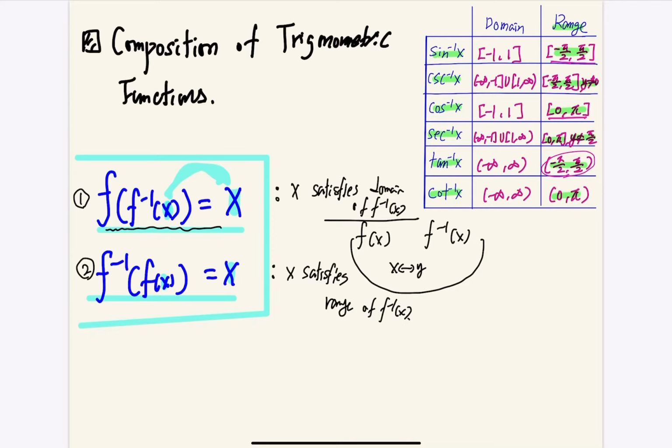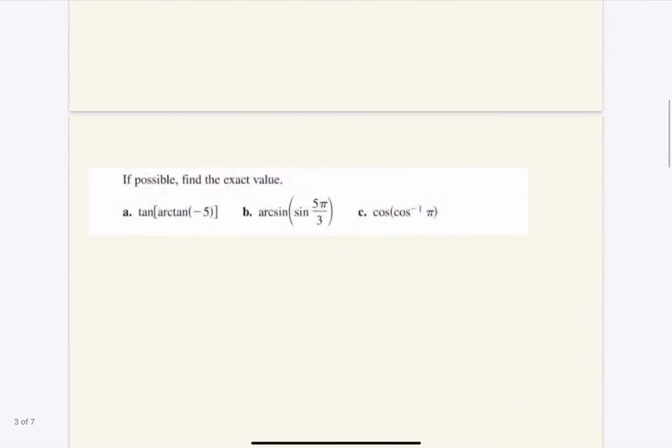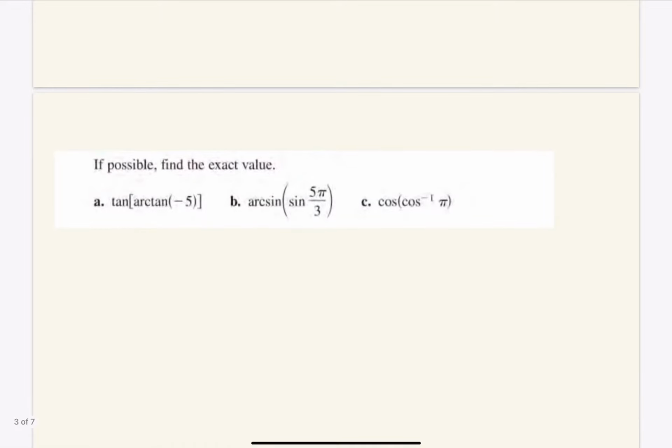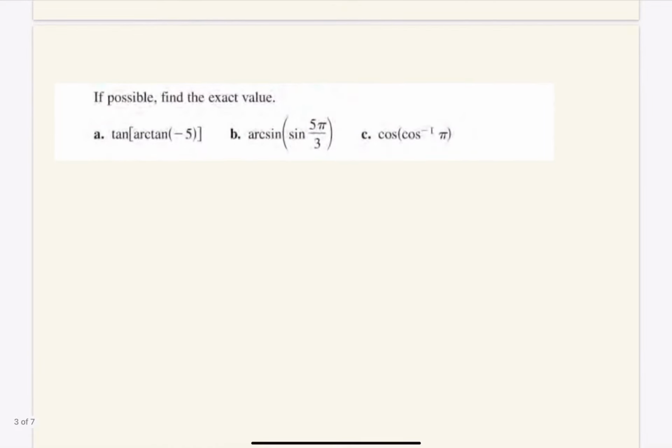Let's try some example questions. Question A. Tangent of arctangent of -5. So this is like the first format, f of f inverse of -5, right?